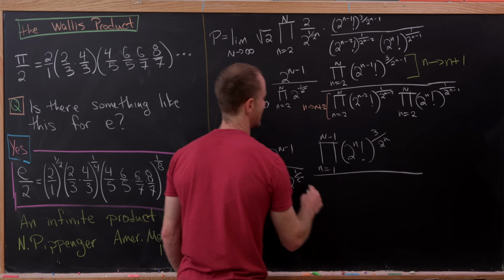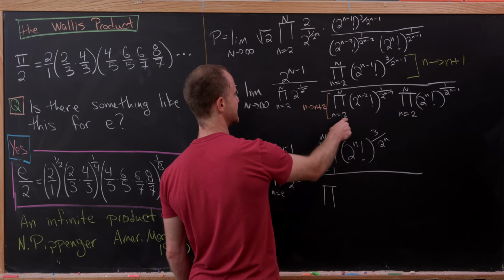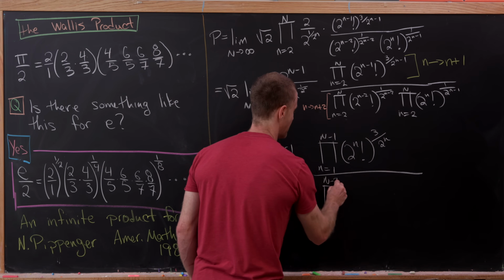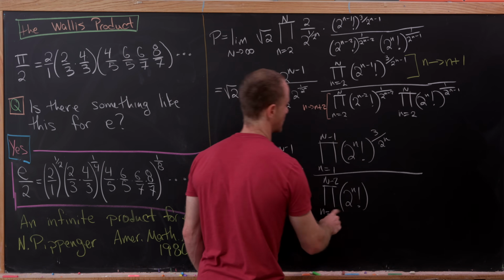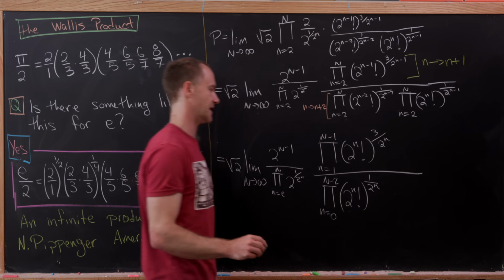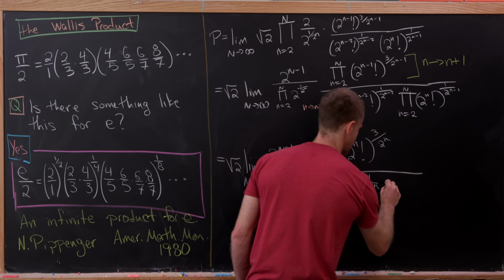And then in the denominator, I'll have the product from, well, when n plus 2 is equal to 2, n is equal to 0, up to n minus 2. And then we'll have 2 to the n factorial, and that'll be raised to 1 over 2 to the n. And then finally, one more term, which I don't need to re-index.